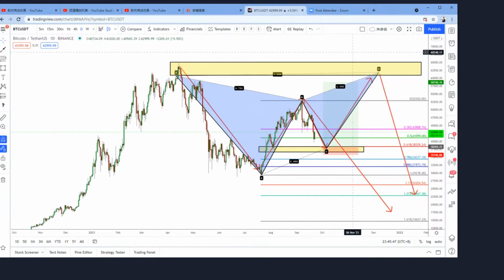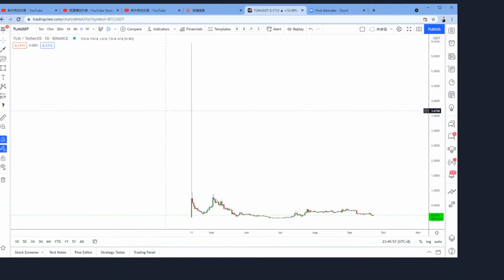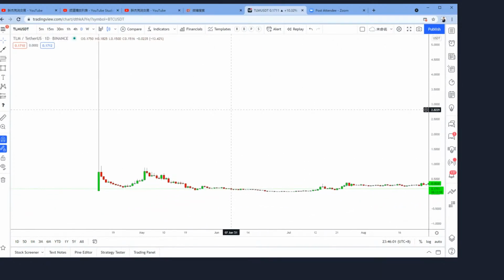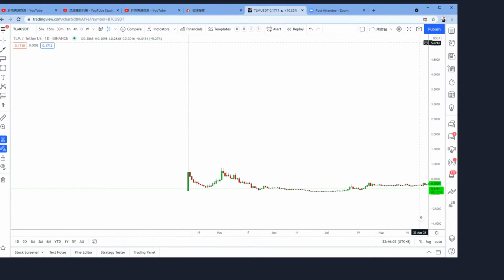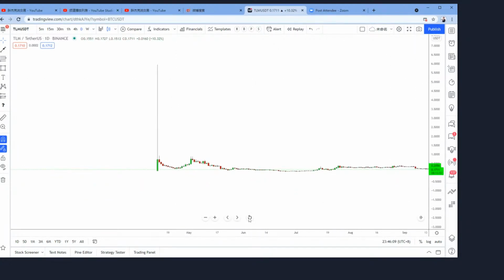Right? Okay, good. So I will answer the first question that someone asked me. TLM USDT. Okay, TLM USDT. First of all, I don't know which coin it is. Okay, it looks like this has a very strong impulse wave from 0.25 to $5. Wow, that's crazy.